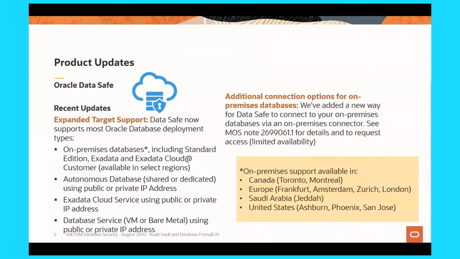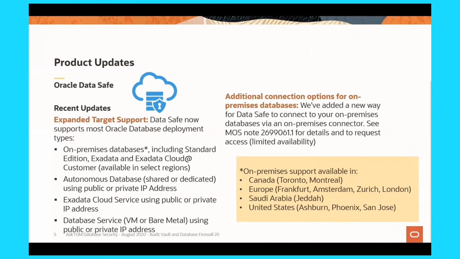If you're running in the cloud, of course, it works with Autonomous Database, with Exadata Cloud Services, and with the standard database service, regardless of whether they're virtual machine or bare metal. We also have begun a limited availability program for on-premises databases. The generally available option is connecting in with either VPN Connect or FastConnect if you have that set up between your data center and the Oracle Cloud Infrastructure.